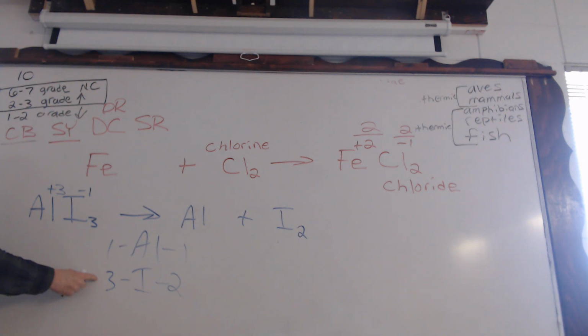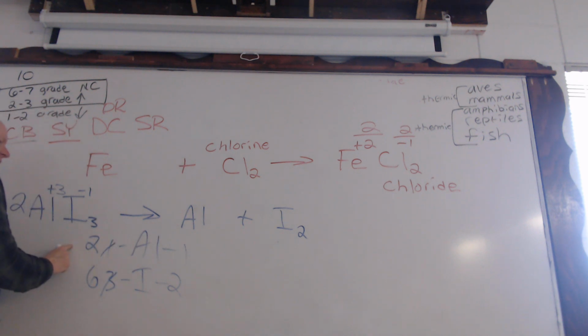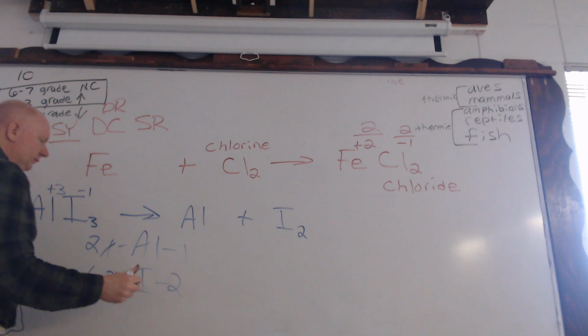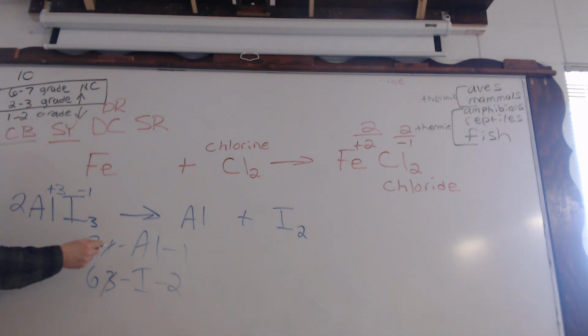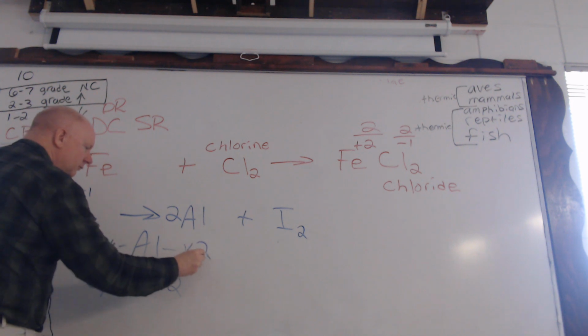Take it times what? 2 times 1. 2. 2 times 3. 6. We've got 2 aluminums on the left and 1 aluminum on the right. You take it by 2. Take aluminum times 2 and then take iodine times 3.